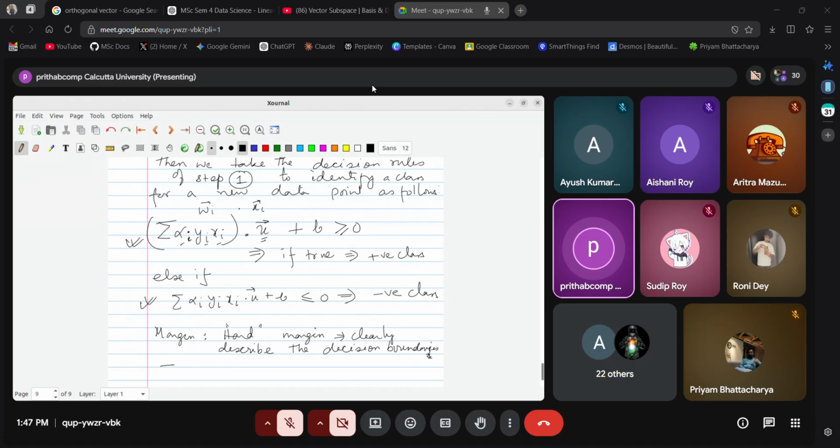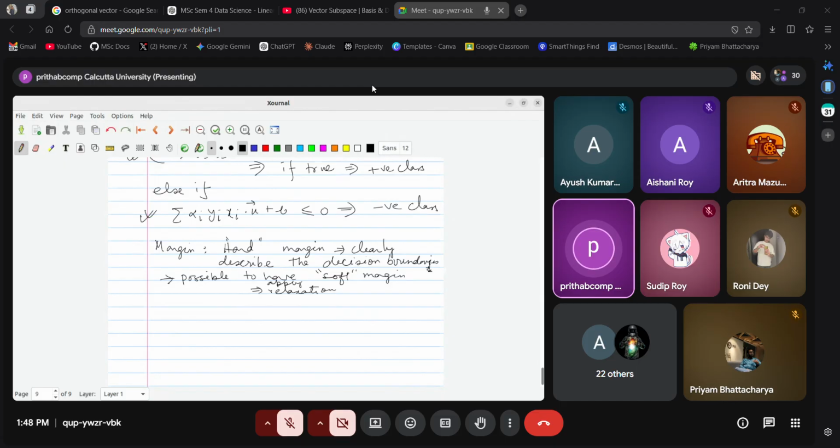But it is also possible to have a soft margin, which we have not discussed here, where you allow some kind of relaxation, meaning the margin boundaries, the decision boundaries, are not precise.